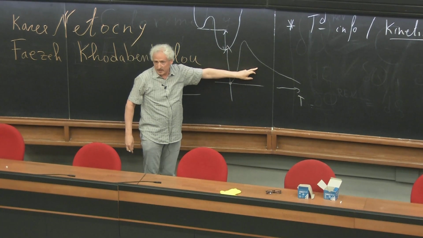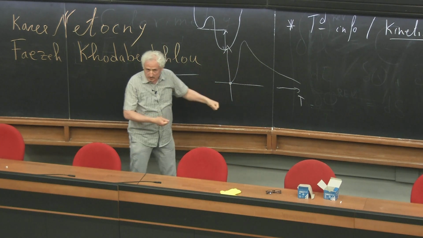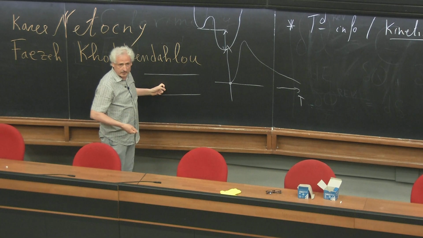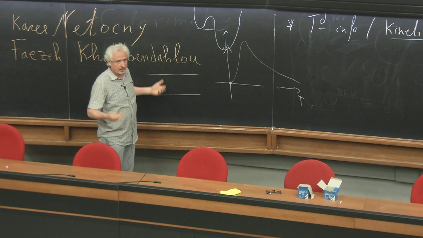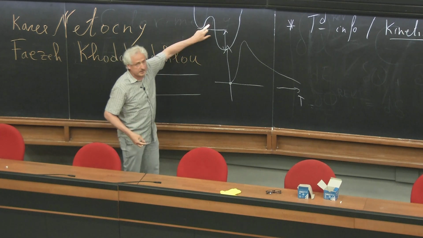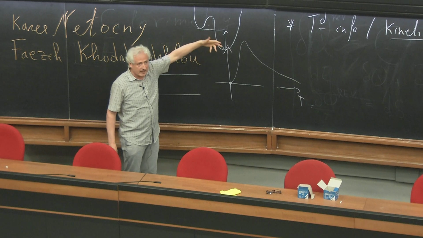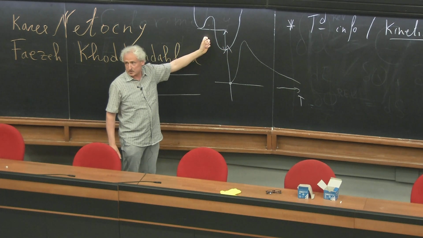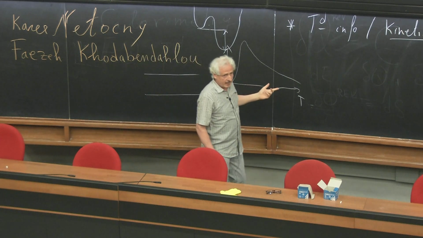What I claim, and maybe I will show you, is that if you turn this two-level system non-equilibrium by making it into a switch, or molecular switch, then you will be able to measure this kinetic barrier, which was also there in equilibrium, but now thanks to the non-equilibrium heat capacity, you will actually see it.